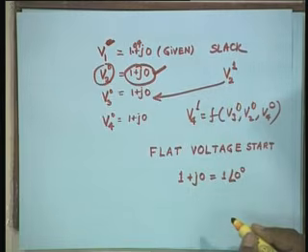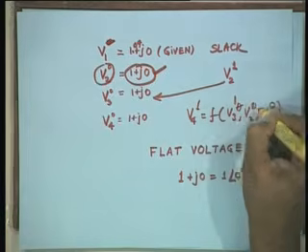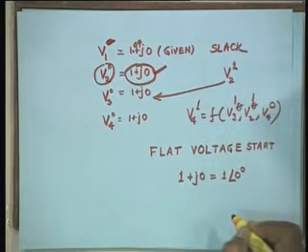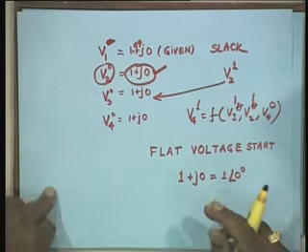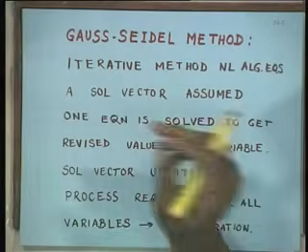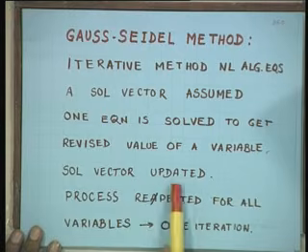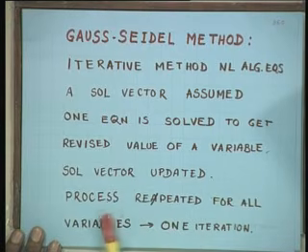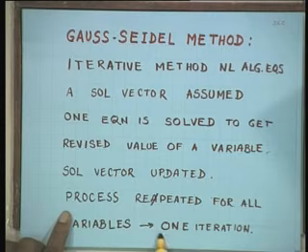That will make it a Gauss-Seidel method, and the difference between Gauss and Gauss-Seidel is that here we immediately update with whatever we have already calculated. And after updating the solution vector, the process is repeated for all variables, and once you have finished all variables, we say one iteration is over.